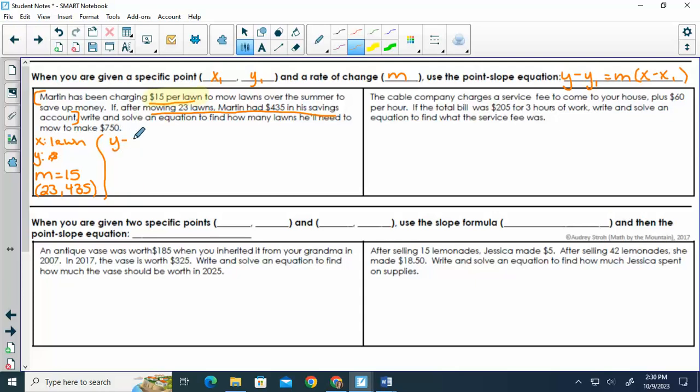y minus y1 equals m, so it's 15, times x minus x1. So distribute the 15.